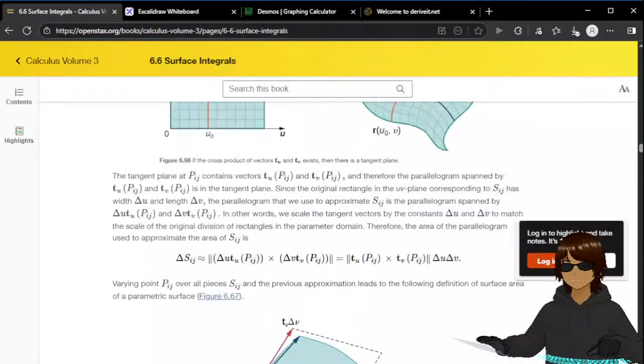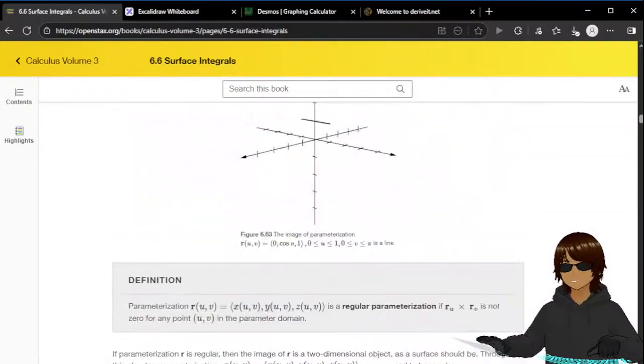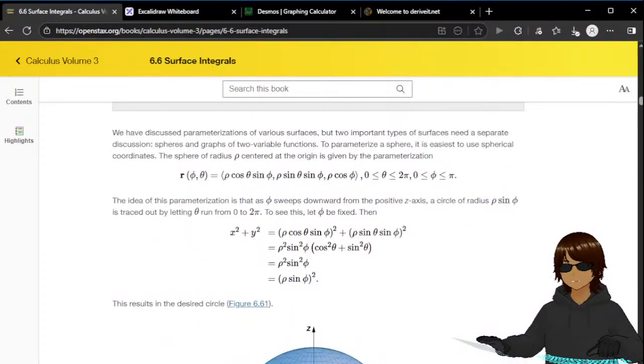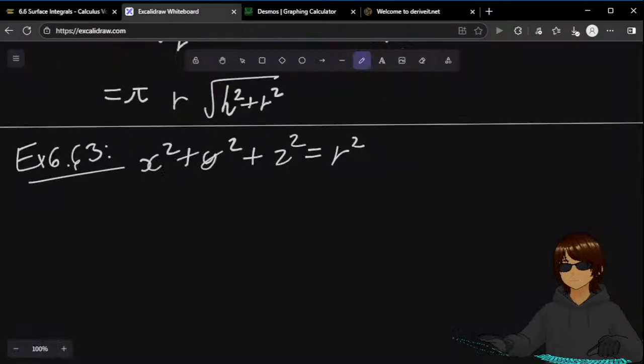And they said that the sphere is defined like this, theta from 0 to 2 pi, then phi goes from 0 to pi. Radius is r.